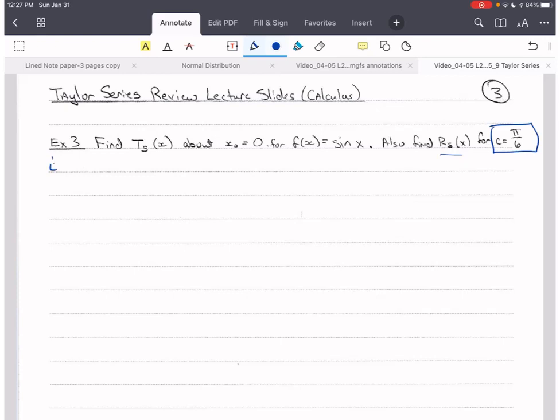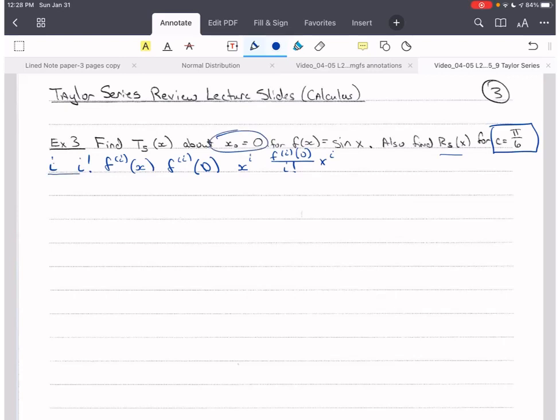We're going to put the ith derivative of f at 0 over i factorial times x to the i. So we're finding the Maclaurin series here. That's special since a is equal to 0. So we set x naught equal to 0. That's going to be a for us.